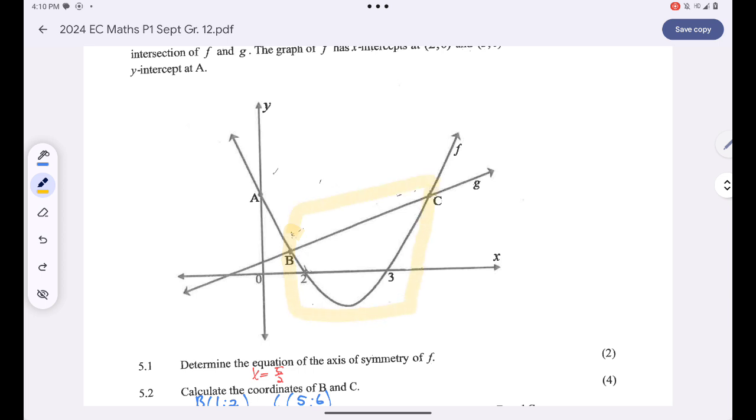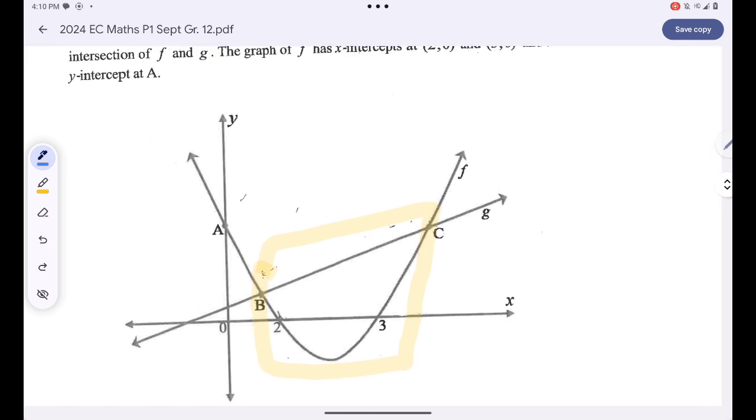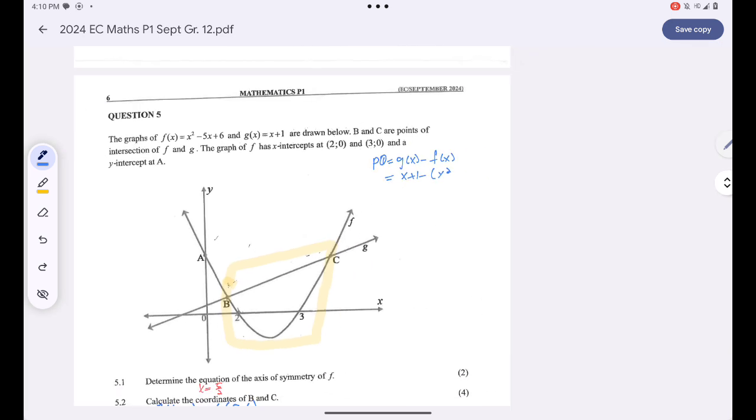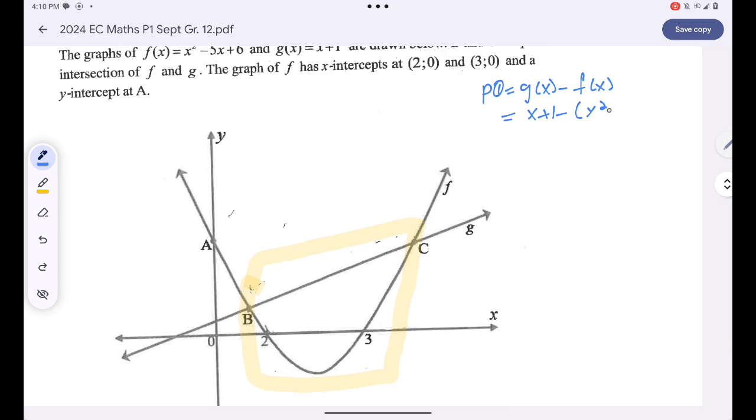How can we find the vertical distance? Always say top graph minus the bottom graph. So the length of PQ is basically the top graph, which is g(x), minus the bottom graph, that's f(x). And then just substitute g(x) is equal to x plus 1, and f(x) is equal to x squared minus 5x plus 6.